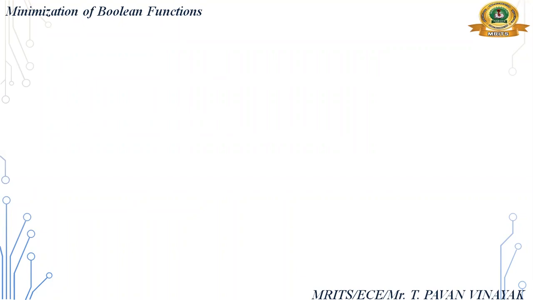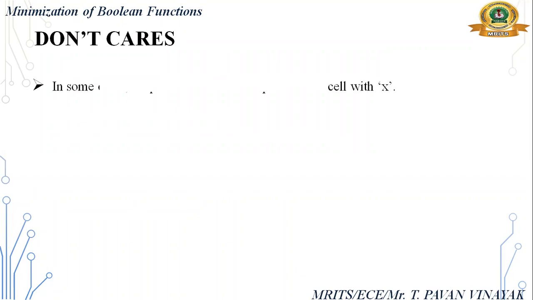Now let us see the example. First example. Before that, don't care. What is don't care? Don't care is a combination where sometimes we can consider it as 0, sometimes as 1. So it is denoted with variable x. Okay, x can be taken as 0 or 1. That is based on our requirement.